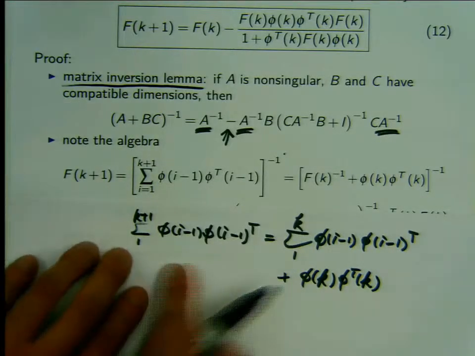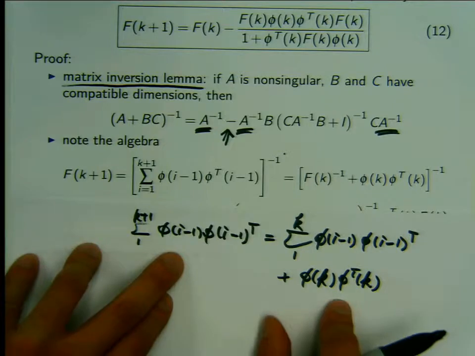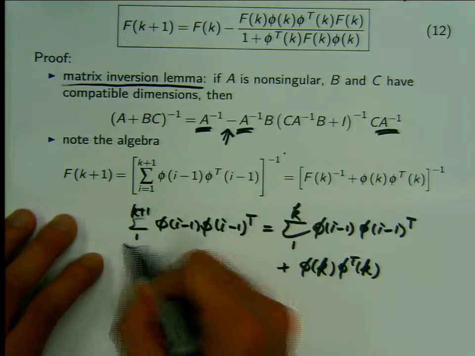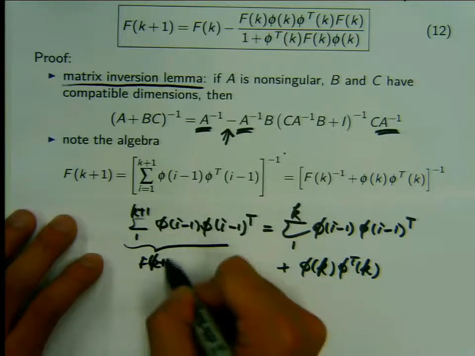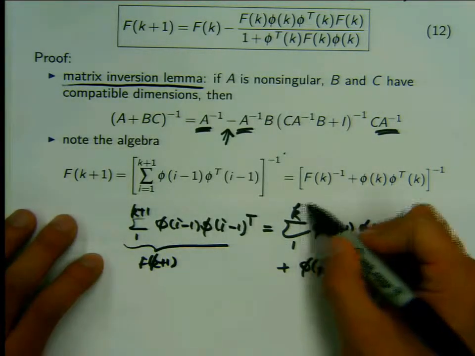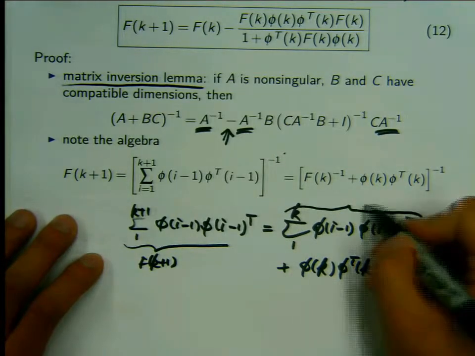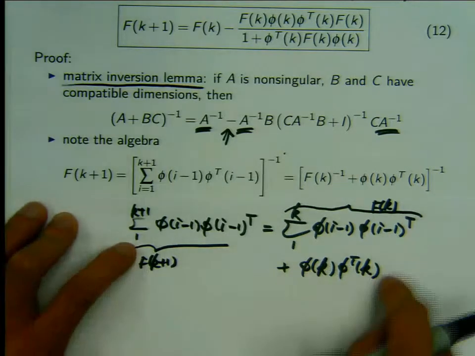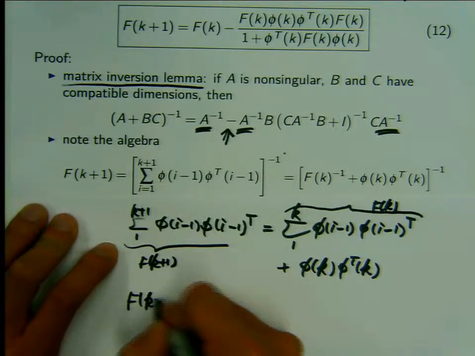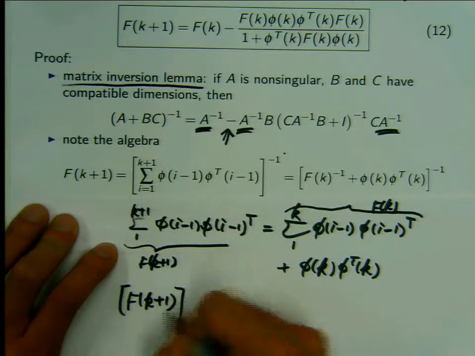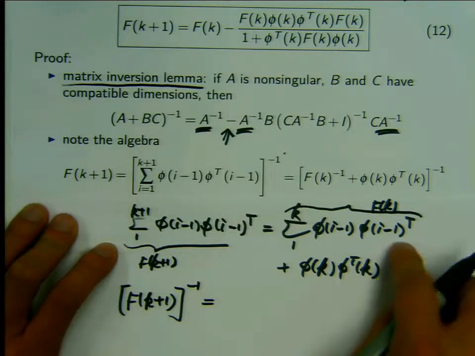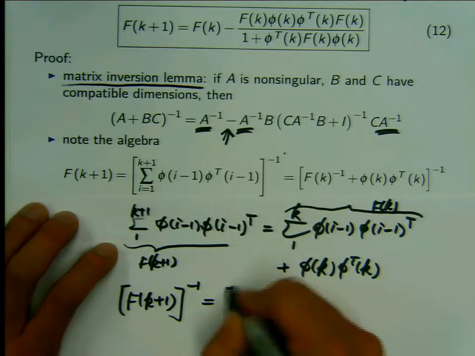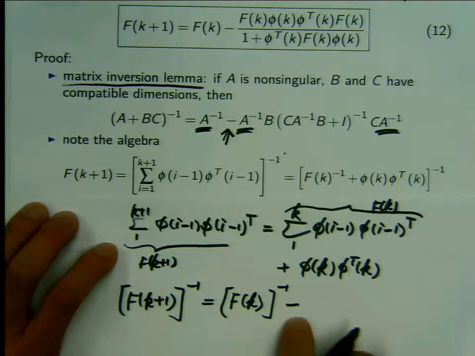So you see, this matrix is increasing in size. So the notation is going to be Fk plus 1. This is Fk. This matrix increases in size. So the inverse of this matrix is going to intuitively sort of decrease in size. So it's going to be something minus term here.